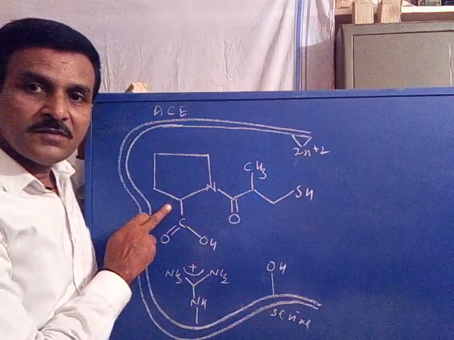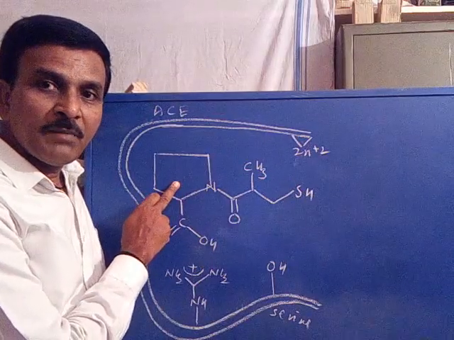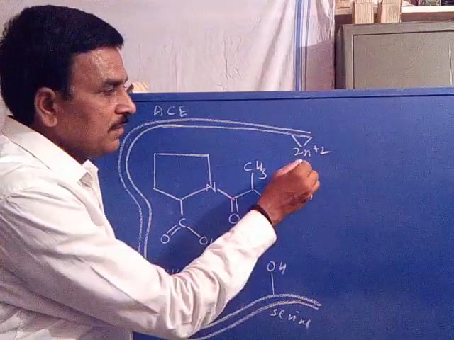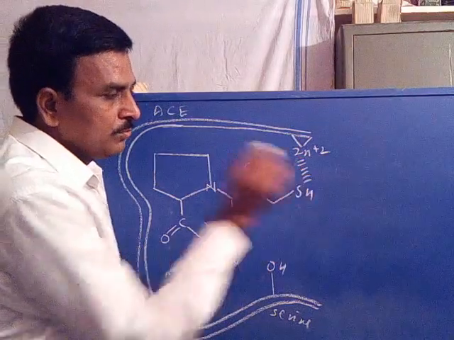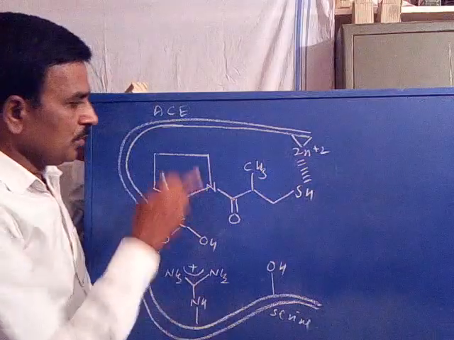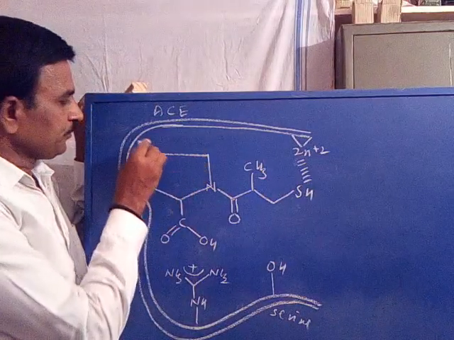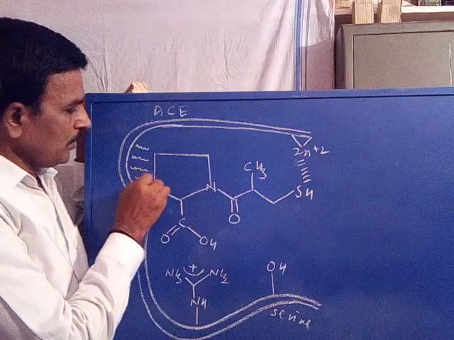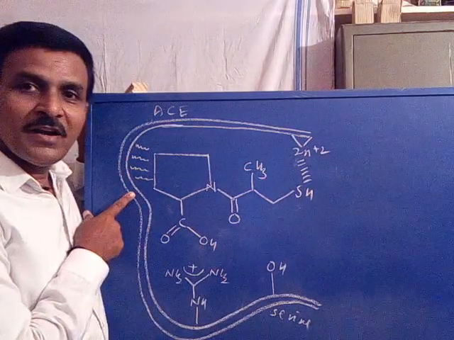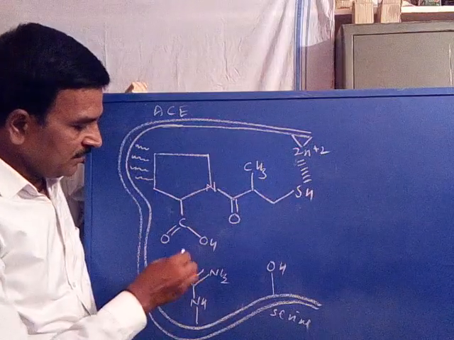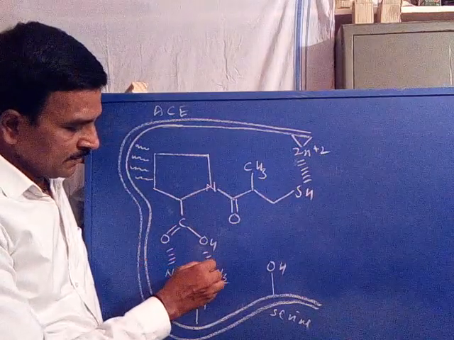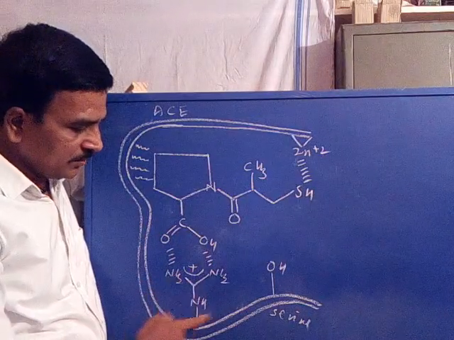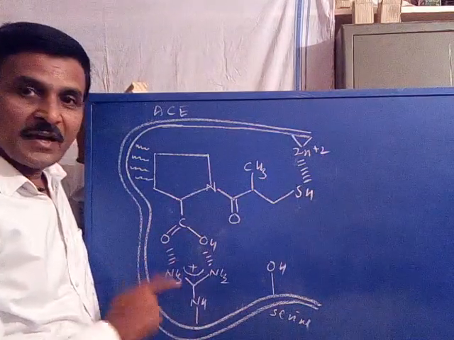Now the captopril structure. Now let us study how captopril binds. Captopril, through the non-bonding pair of electrons on its SH, binds with zinc 2+. Through its proline residue, it binds with the hydrophobic region through van der Waals interactions. Now this is the ionic interaction, where the carboxylic acid group of captopril interacts with a positively charged group through ionic interactions.